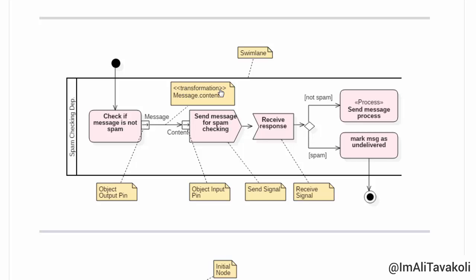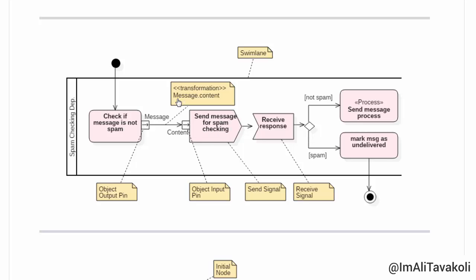And what is this? The transformation. What is this note about? This note defines the rule of how these two actions and how this object is going to move to this action.